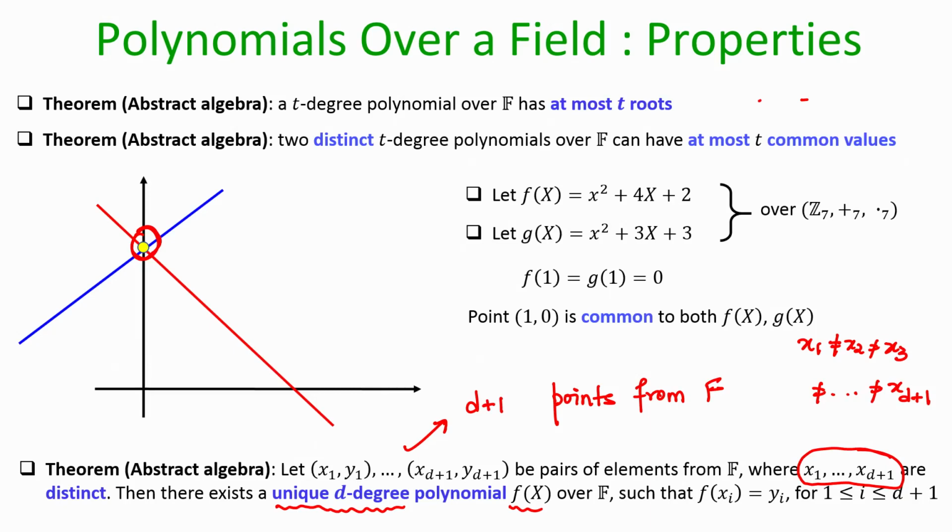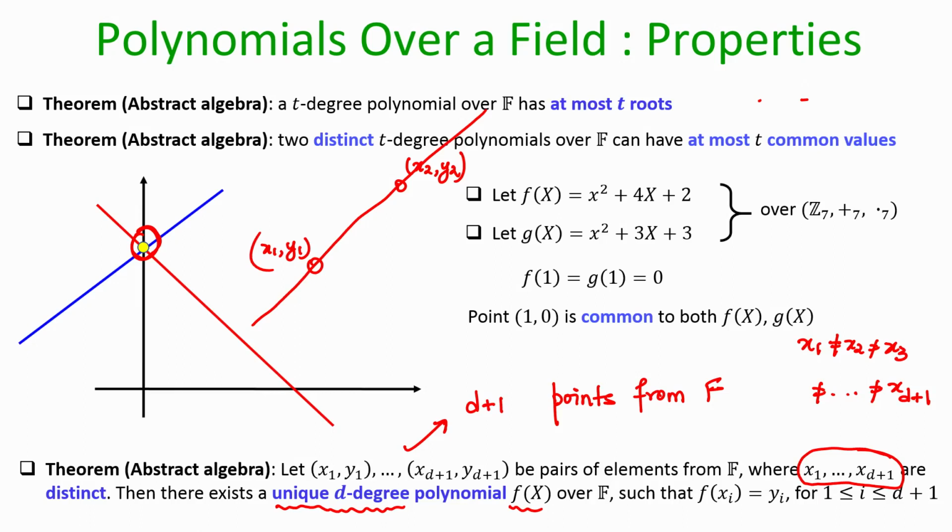It is a well known fact that if I give you two distinct points in the x y plane, say x 1 comma y 1 and x 2 comma y 2, there always exists a unique straight line passing through it, that is all we are aware of. I am just generalizing that result over fields, because now I am saying that this result holds even if the x y pairs are elements from the field.